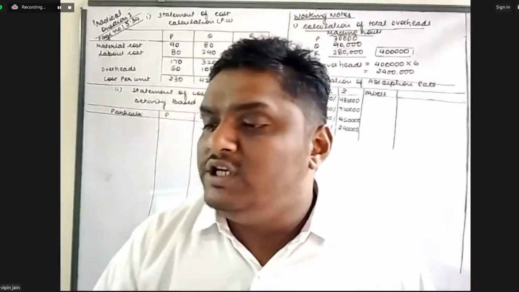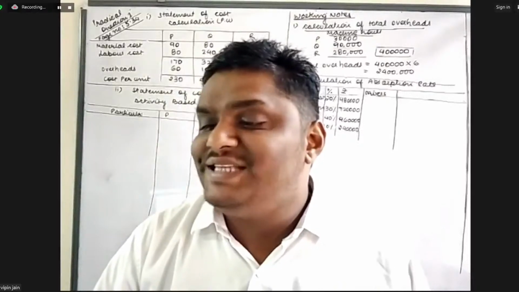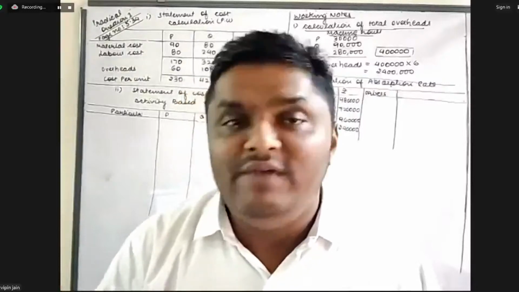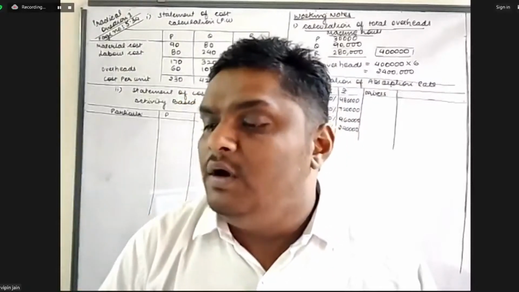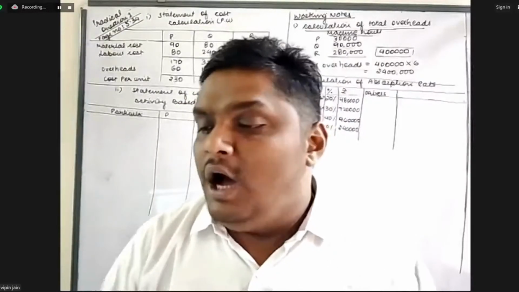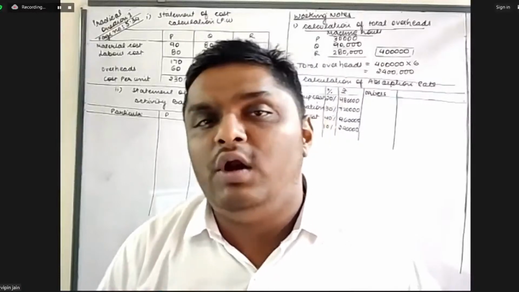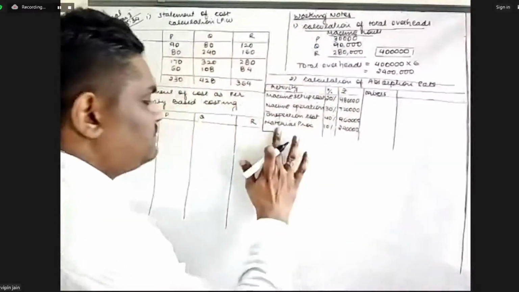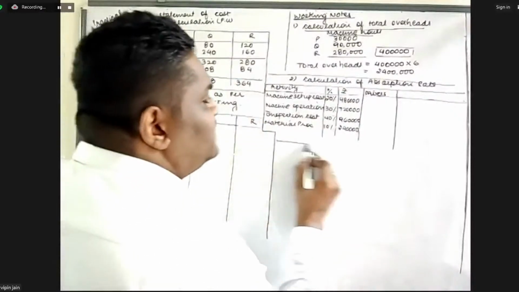However, in this question, the batch size is given, the number of batches is not given. So I repeat again, machine setup can be absorbed on the basis of number of setups, or we can say number of batches. But here we can easily calculate the number of batches.